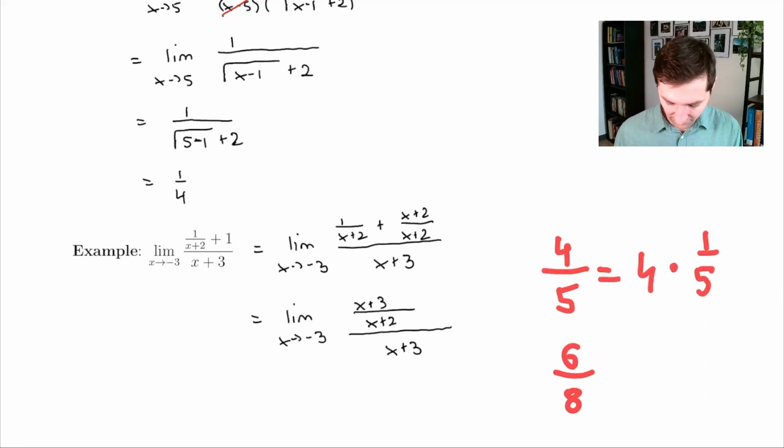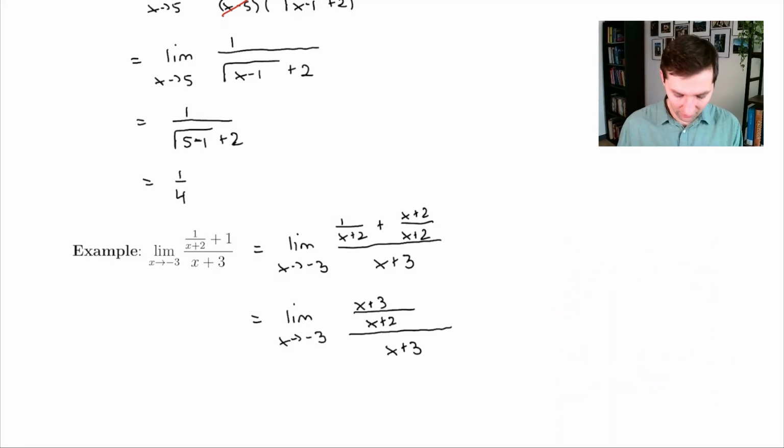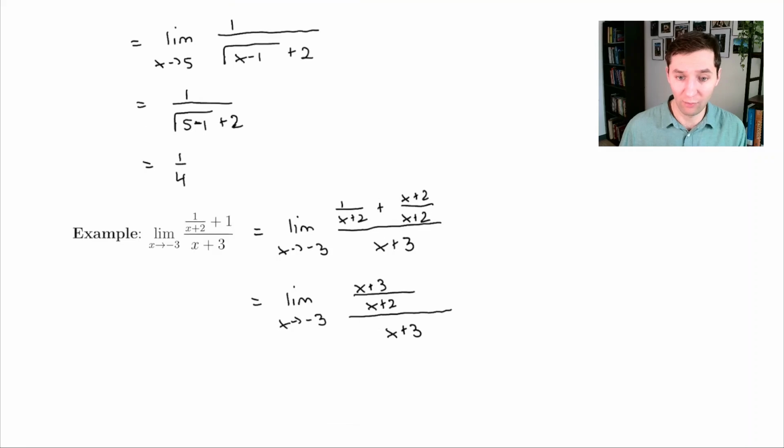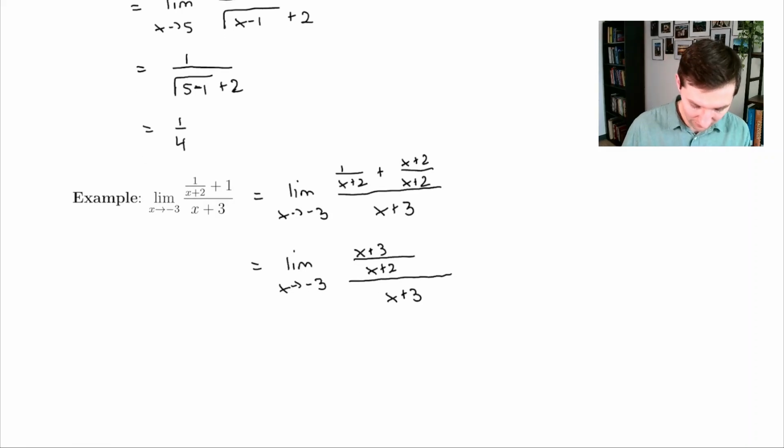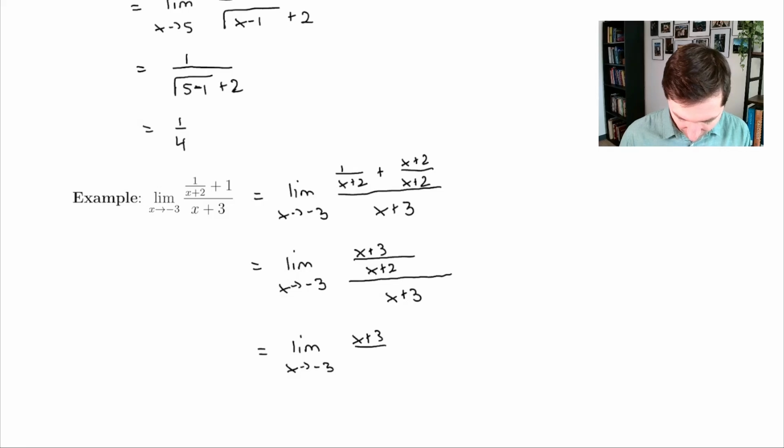6 divided by 8 is the same thing as 6 multiplied by the reciprocal of 8, which is 1/8. The same thing here. Dividing by x plus 3 is the same thing as multiplying by 1 over x plus 3. So this gives me the limit as x goes to negative 3 of x plus 3 divided by x plus 2 multiplied by 1 over x plus 3.